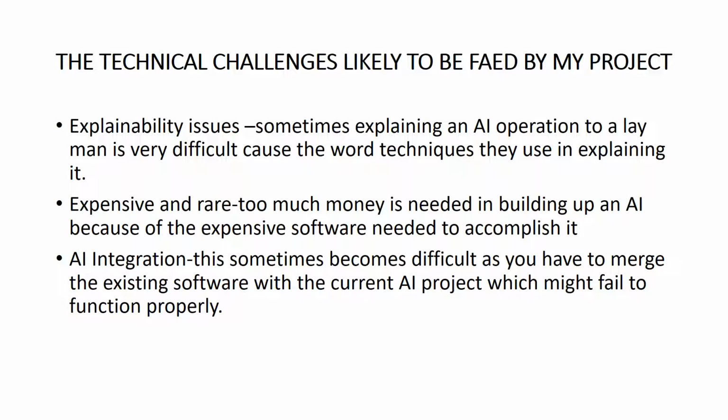So the technical challenges that are likely to be faced by my project. First of all, there are the explainability issues, like how to explain things to the person you are going to create the system for. Sometimes it becomes very difficult because of the technical words used, and some of these people won't understand how things work.